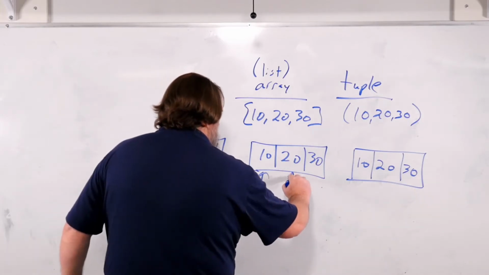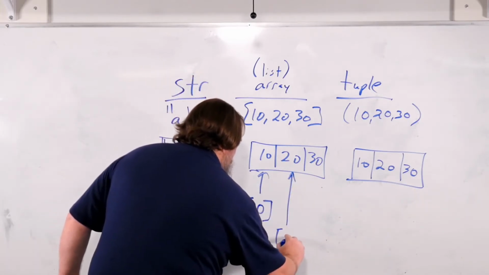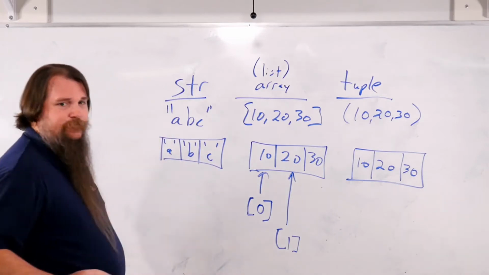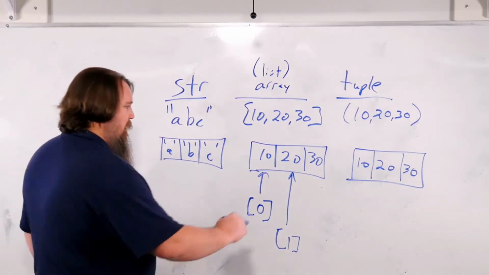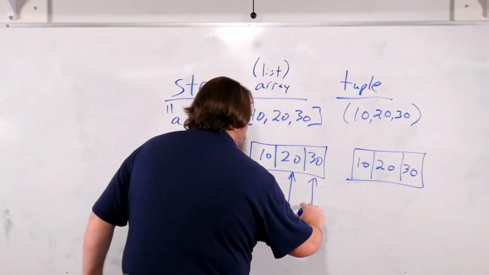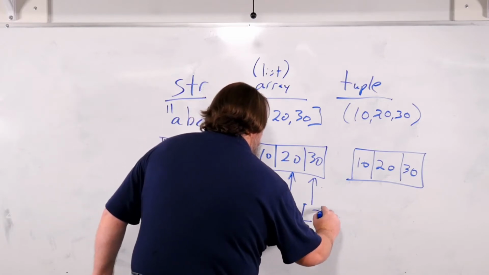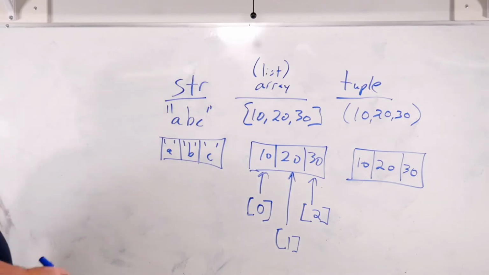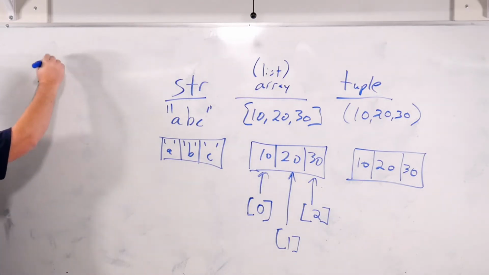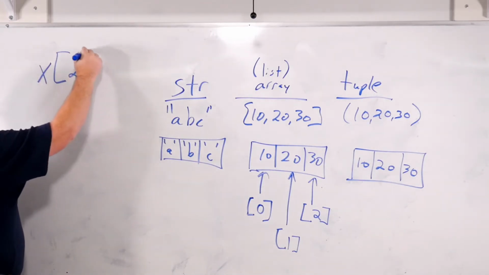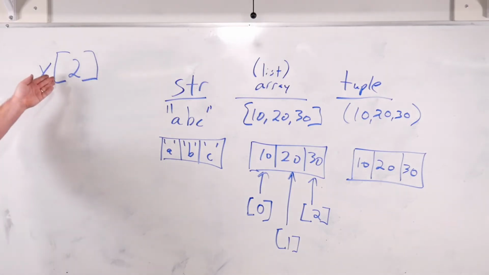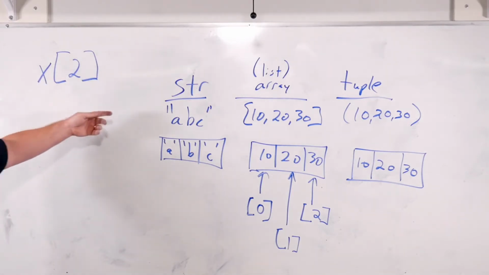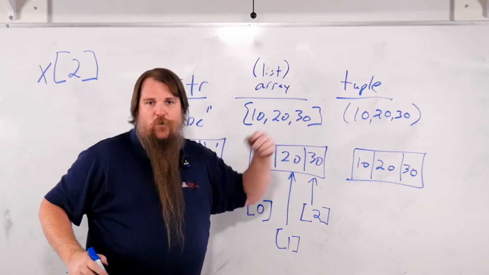This element is known as bracket 1, element 1. This element is known as element 2. So if you want to access it, you can say, I want to access x bracket 2. This is the third element of the string, the array, or the tuple.